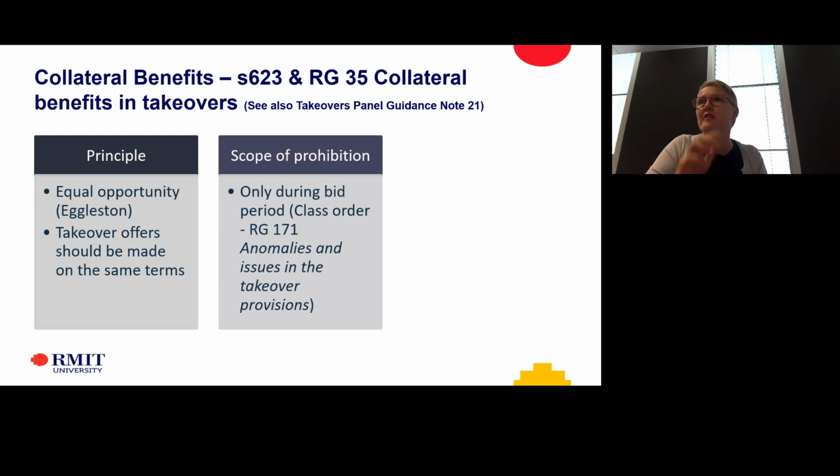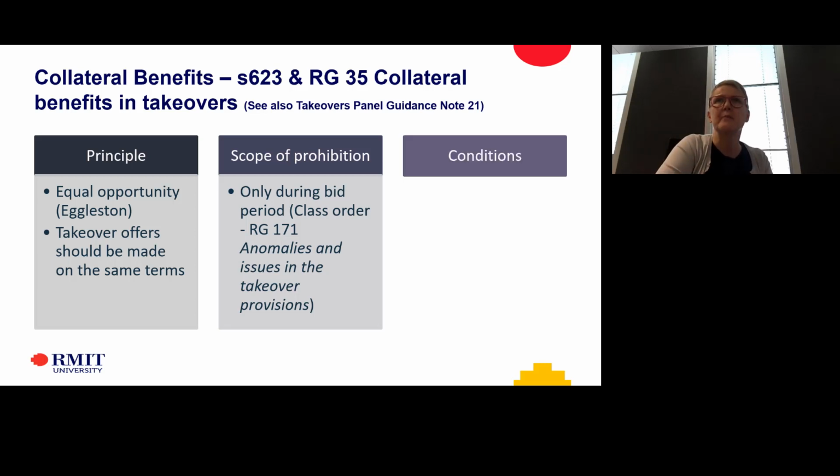Because the creation of that alignment, which is either inducing people to act in some way or controlling the way that voting securities or rights over voting securities are exercised, they're very aligned principles.